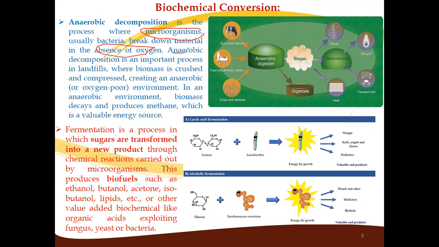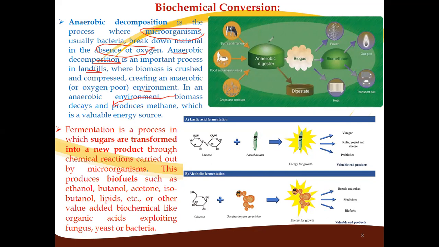Anaerobic decomposition is an important process in landfills, where biomass is crushed and compressed, creating an anaerobic, oxygen-poor environment. In this environment, biomass decays and produces methane, which is a valuable source of energy.